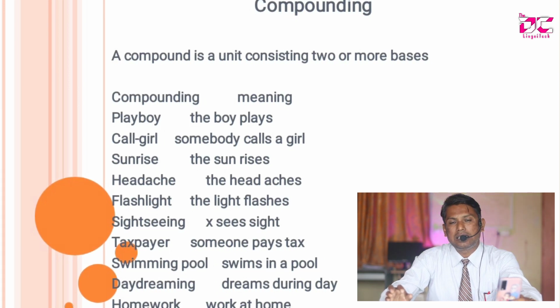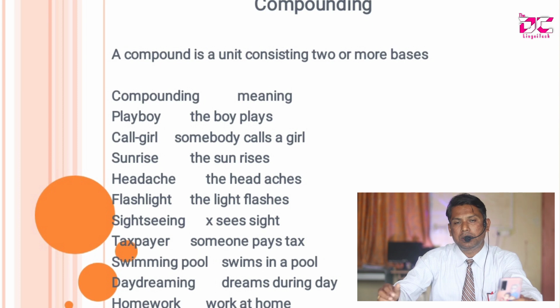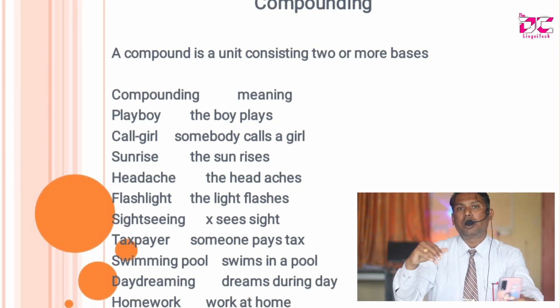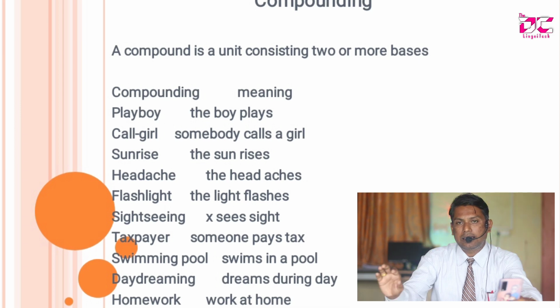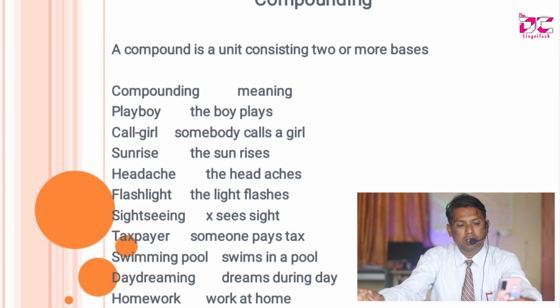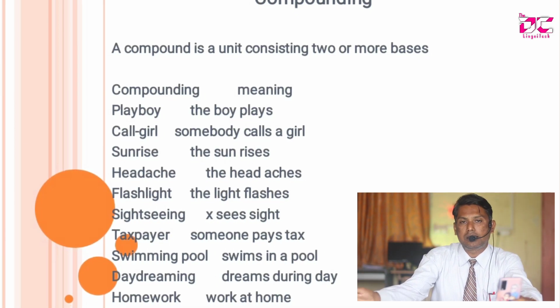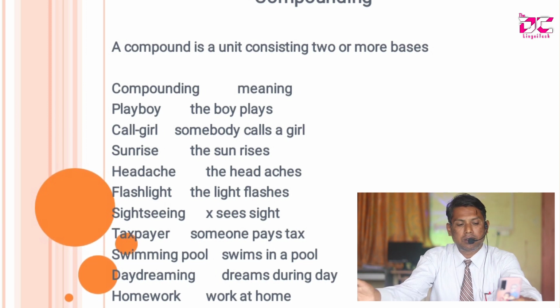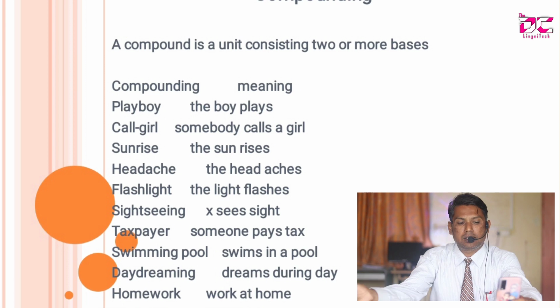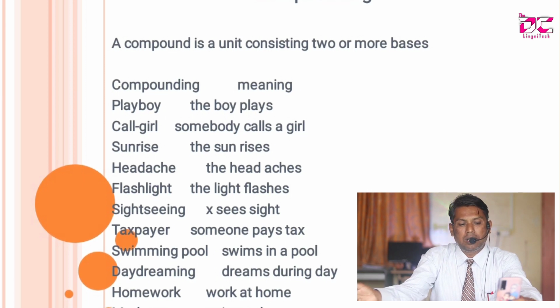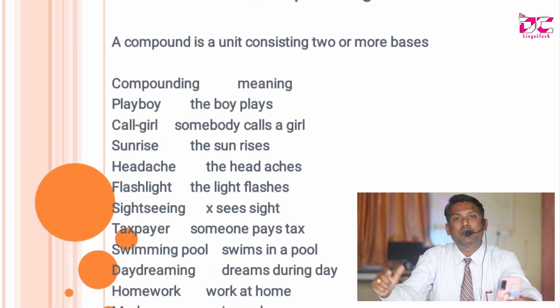Playboy doesn't mean something different, but it means the boy plays. Or we have call girl, like X calls girl. Or another word like sunrise, so sun rises. Then we have headache, headaches. Or let's say flashlight, light flashes.